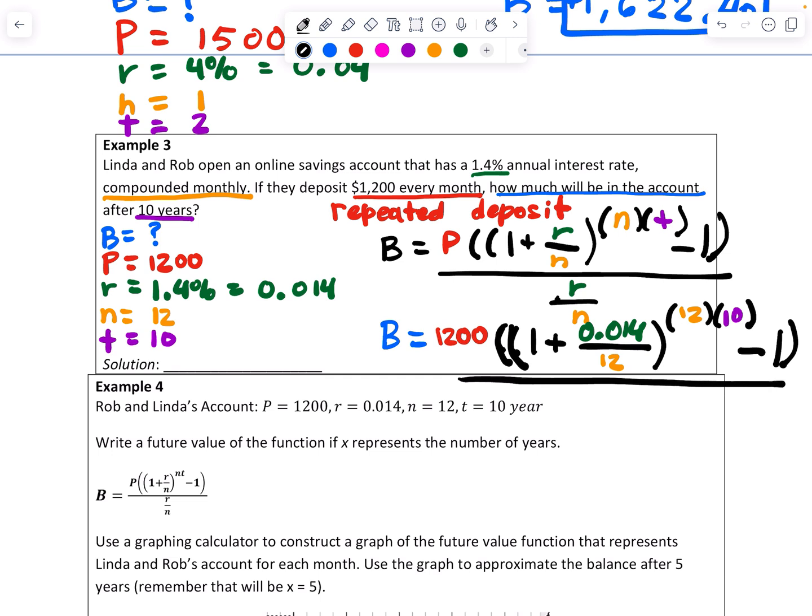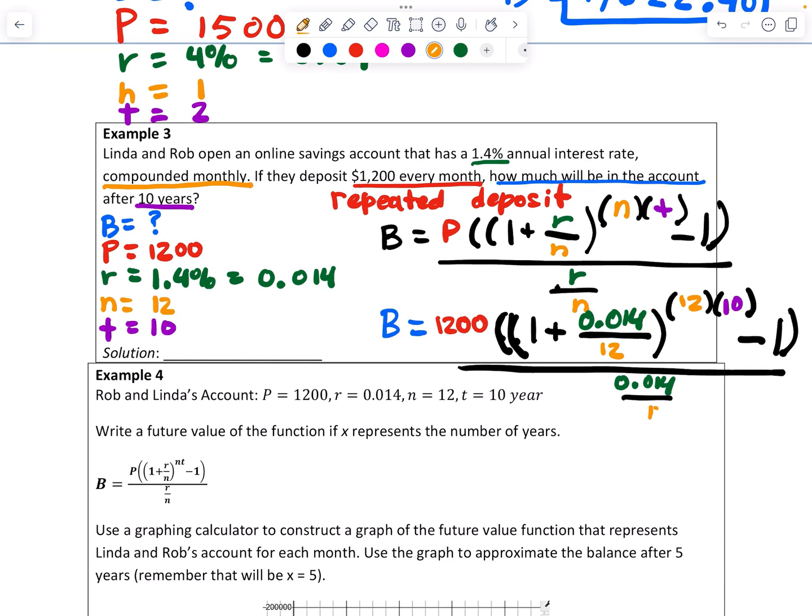And we're going to divide this by the fraction, R, 0.014, divided by 12, because 12 is how often it's being compounded. When you type that into your calculator, you should find that B equals 154,470.791.